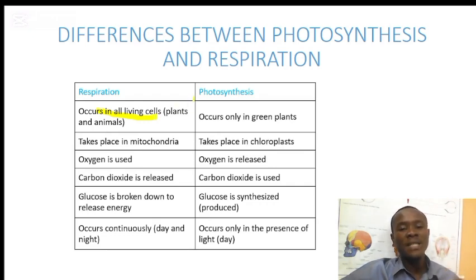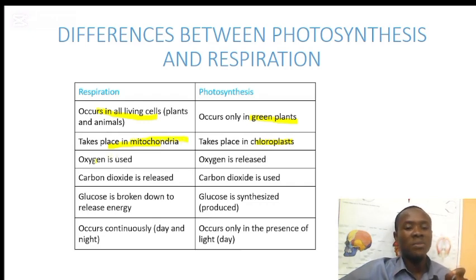But photosynthesis occurs only in green plants, not even all plants, but green plants. Photosynthesis takes place in an organelle called the chloroplast, while respiration takes place in an organelle called the mitochondria.